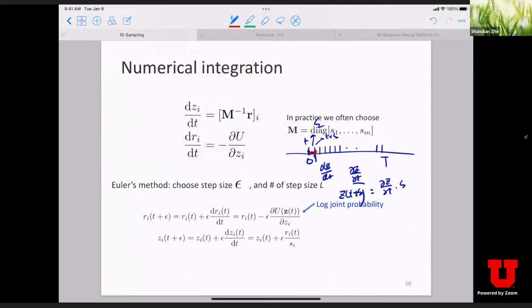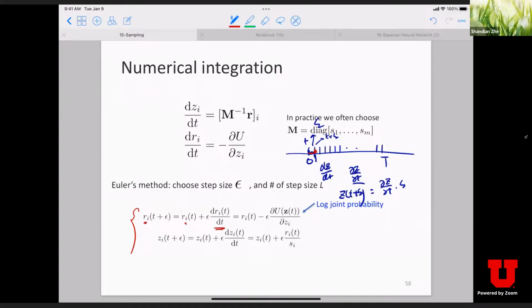So if we use this idea, we can definitely simulate our system. For example, if I want to compute the ith momentum element at t plus epsilon, we can start from the state at t, then multiply by epsilon, because I'm using the gradient at the starting point t as my gradient approximation.